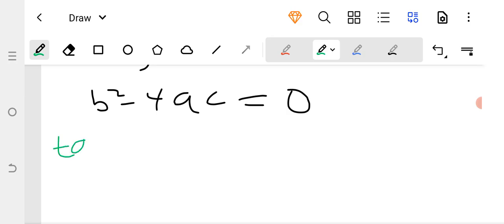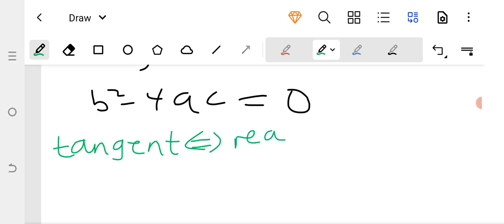So when you see them say that this particular line is tangent to the curve, it is the same as saying that it has repeated roots.